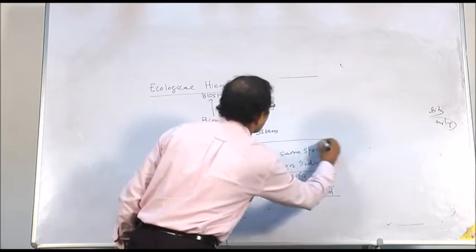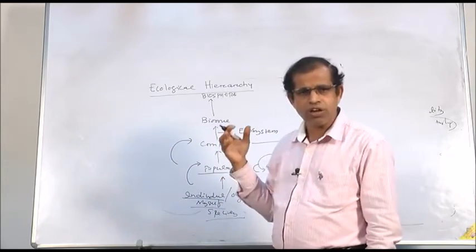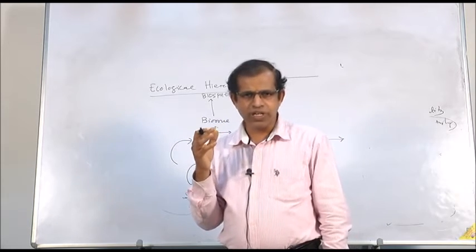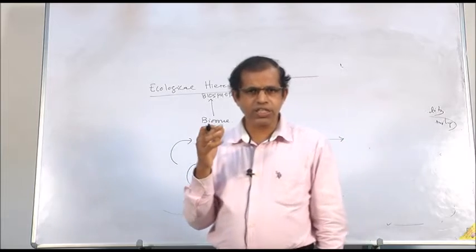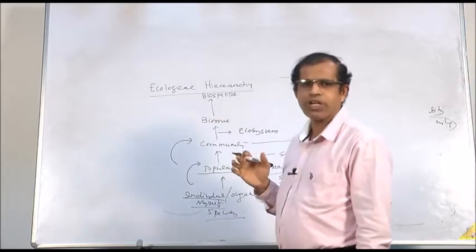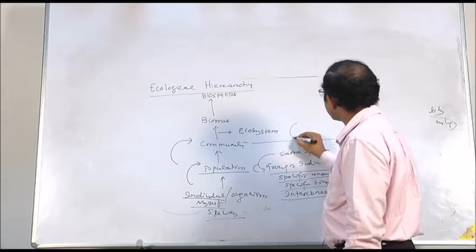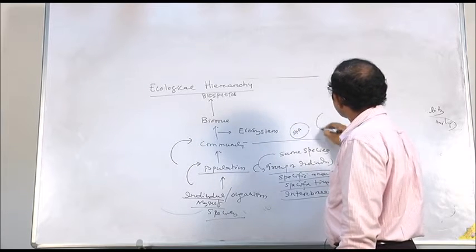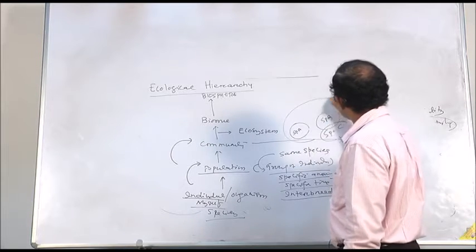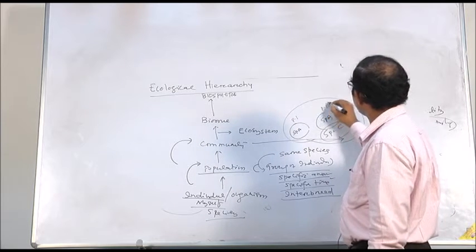Now we will go to community. A community is a group of populations, that means it consists of populations of different species. The community consists of groups of populations of different species, which might be plants, animals, or microbes. Here I can say this is species A, this is species B, this is species C. So this is one community, that means this is population 1, population 2, population 3.